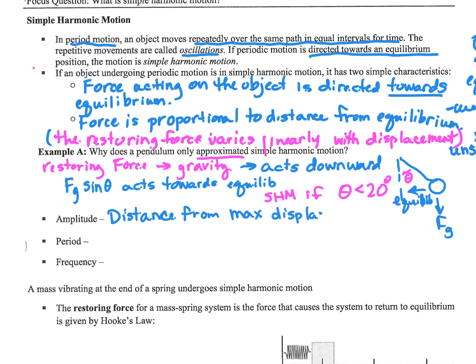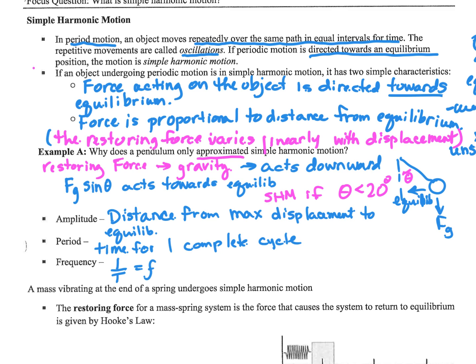The period is, of course, the time for one complete cycle. And the frequency is 1 over the period. That's little f. So it is cycles per second, which is s to the -1, or hertz.